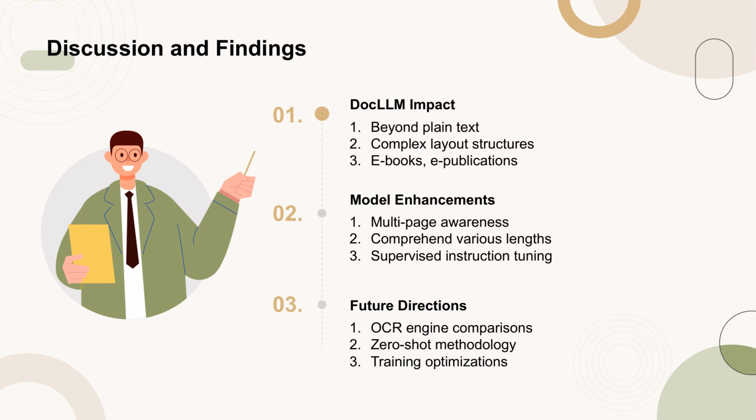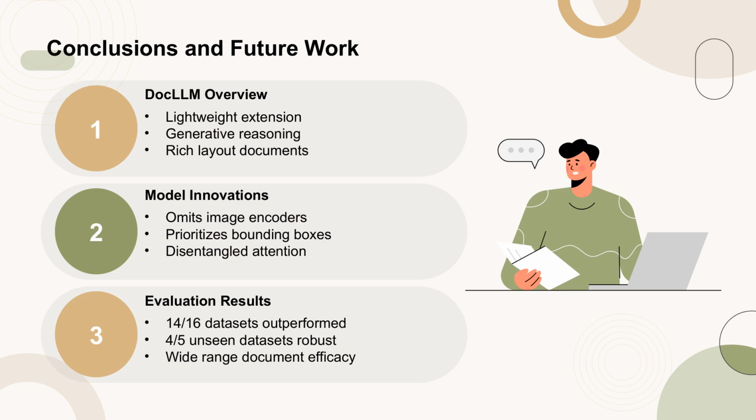In this paper, the authors introduced DocLLM, a lightweight extension to traditional large language models designed for generative reasoning over documents with rich layouts. Unlike existing multimodal LLMs, DocLLM strategically omits costly image encoders, instead prioritizing bounding box information to effectively capture the spatial layout structure of documents.